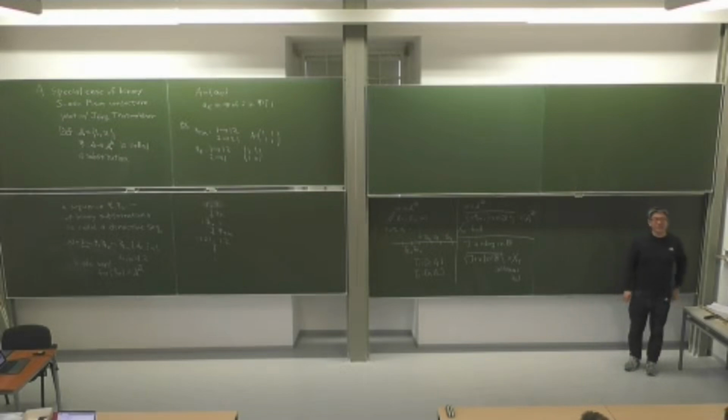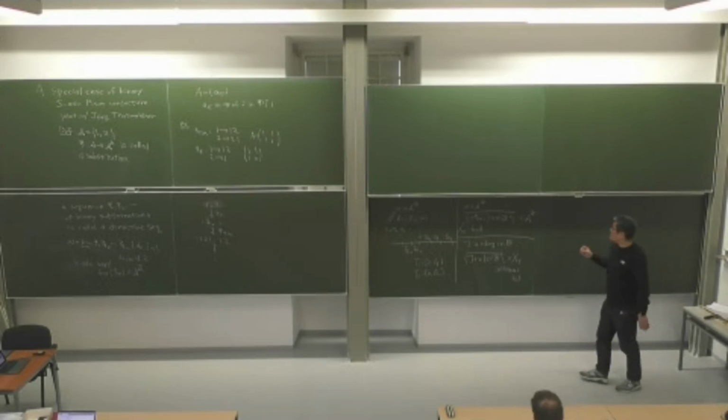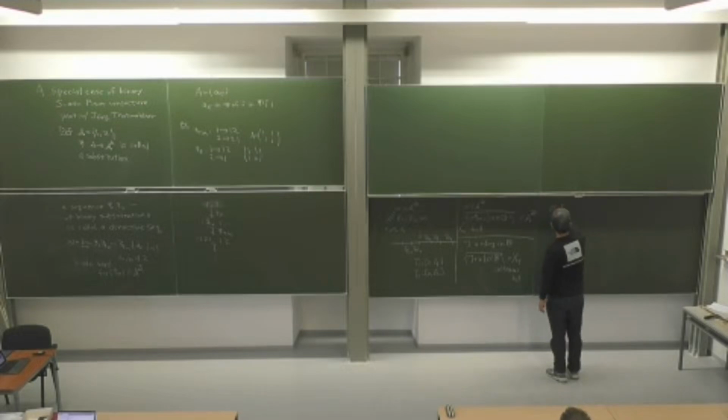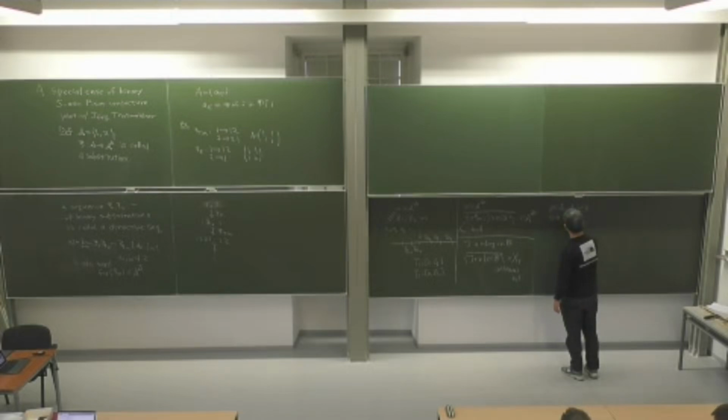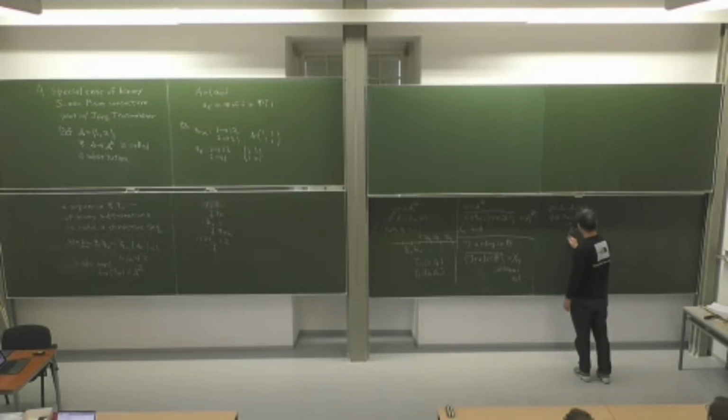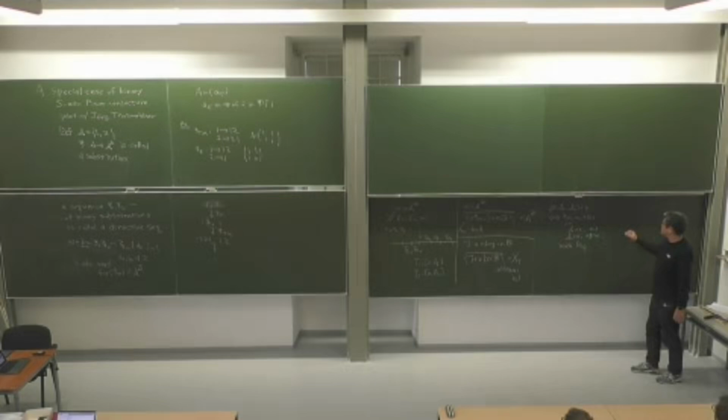So the topology is defined by a metric. So two tilings, the distance of two tilings are close if... this is the definition of metric.